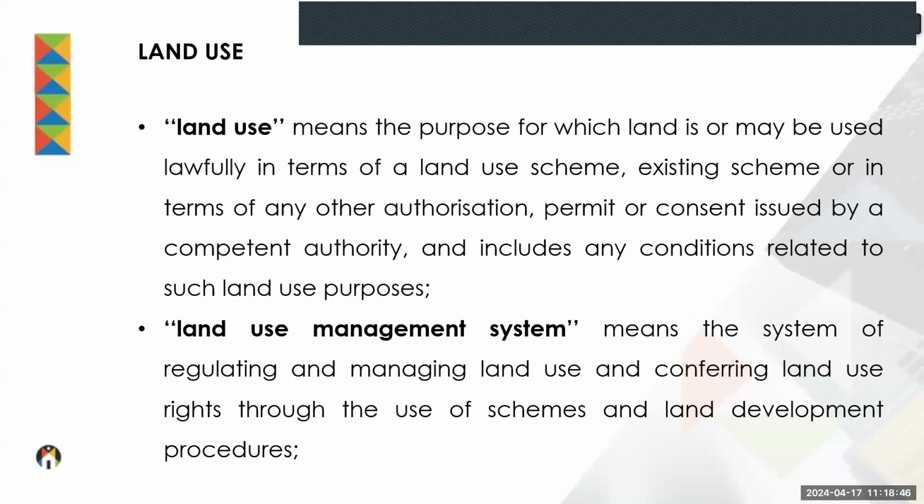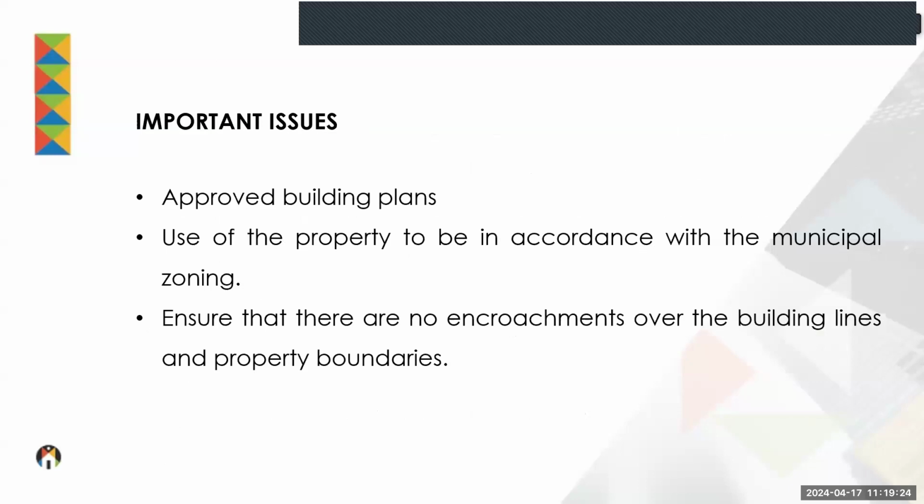Land use is the purpose for which the land is or may be used lawfully in terms of a land use scheme, or in terms of any other authorization, permit, or consent issued by a competent authority, and it also includes any conditions related to such land use purposes. And the land use management system is the system of regulating and managing land use and conferring land use rights through the use of schemes and land development procedures.